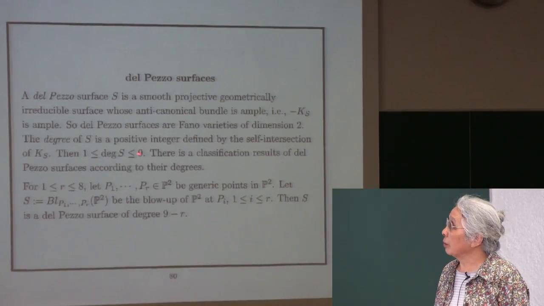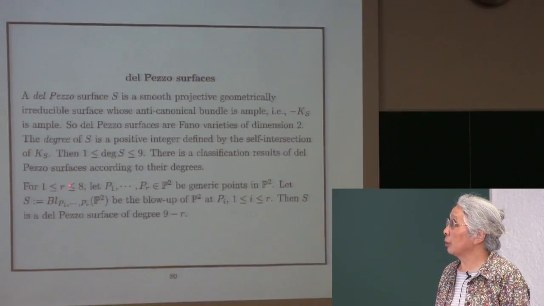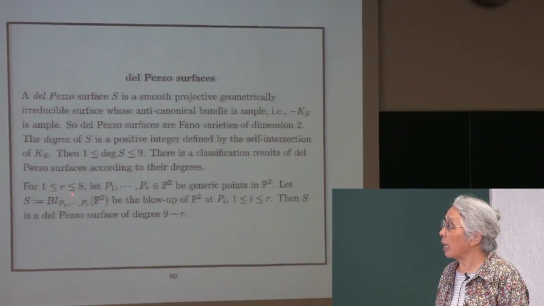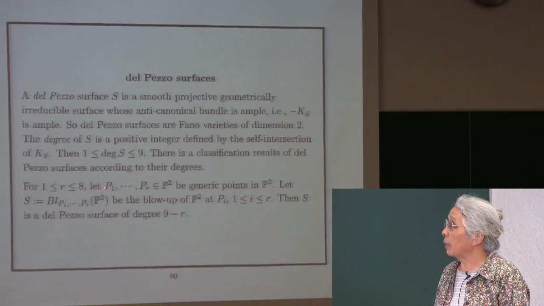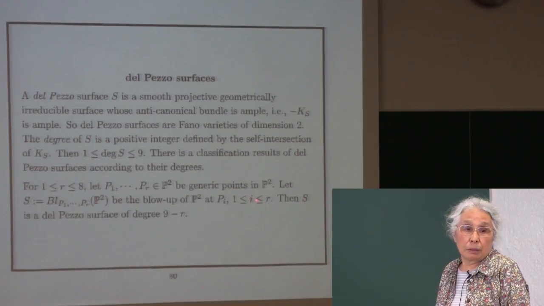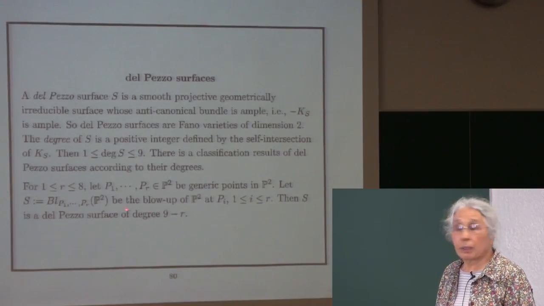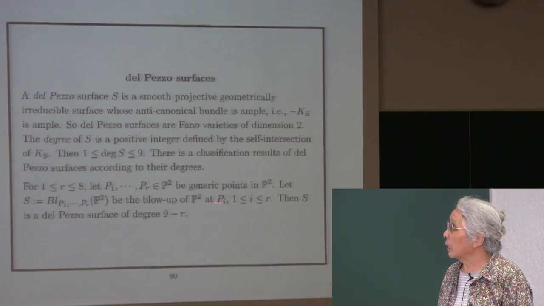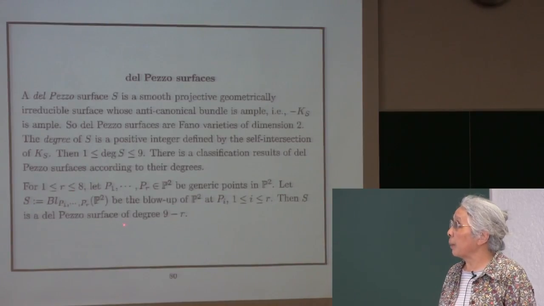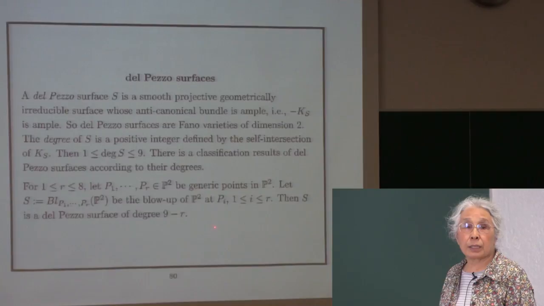What I want to do here is choose any integer r between 1 and 8, pick generic points P1 to Pr from P2, and then blow up P2 at these r points. Then this S is the del Pezzo surface of degree 9 minus r.